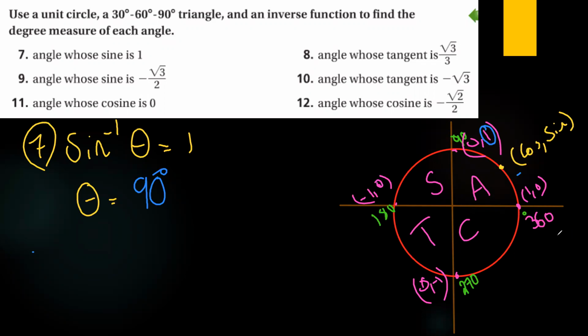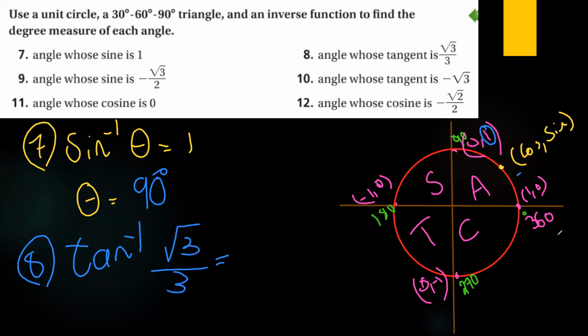Now, number 8. Angle whose tangent is the square root of 3 over 3. So, tan inverse here for square root of 3 over 3 will be... So first, remember that in the table here, which angle has a tan of square root of 3 over 3?